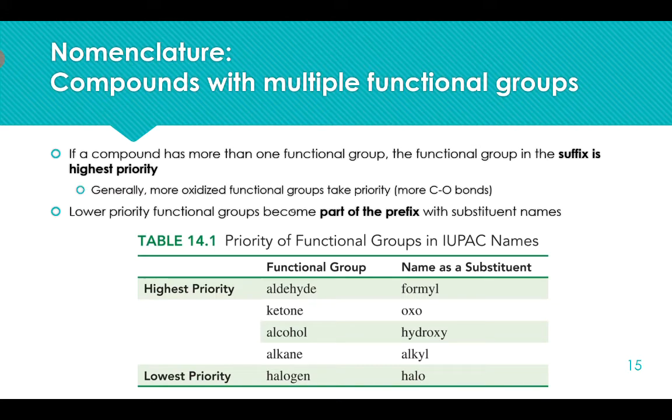We have a table of priorities for these functional groups, and our carbonyl functional groups are going to be higher priority. So carbonyl functional groups are highest priority, and then down at the bottom are alkanes, and then our halogens and ethers.